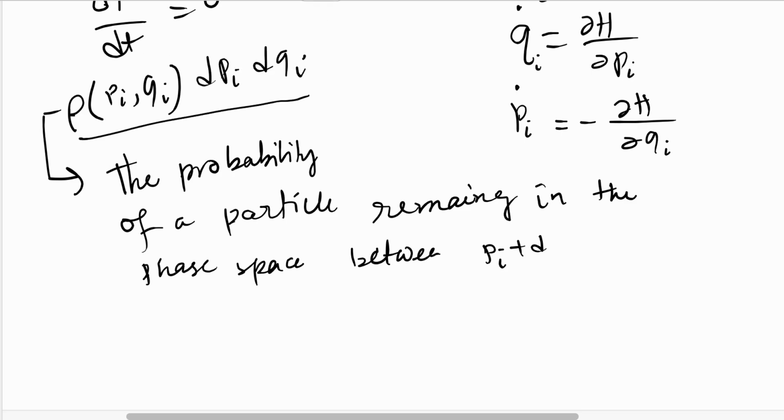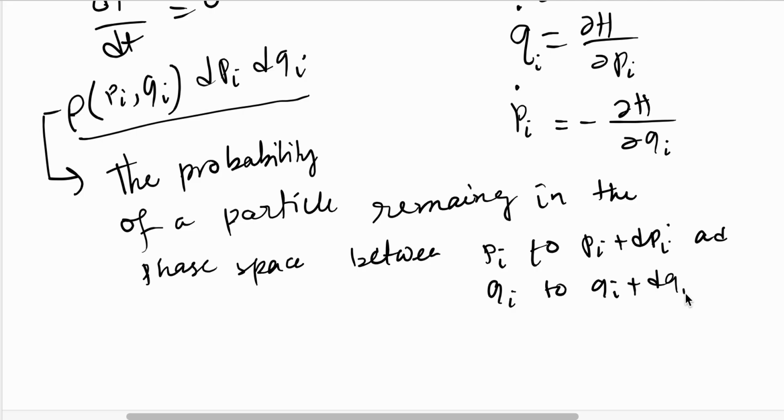This is the probability of remaining between pi to pi plus dpi and qi to qi plus dqi.